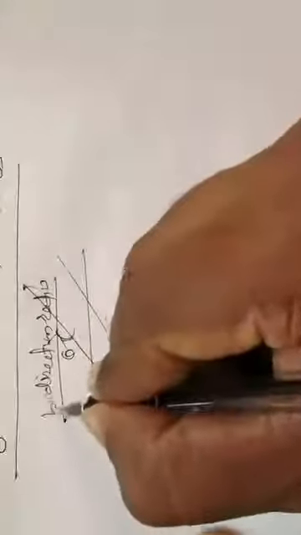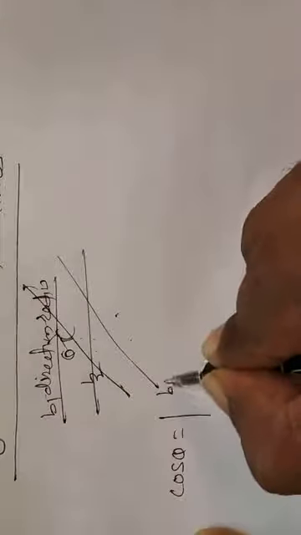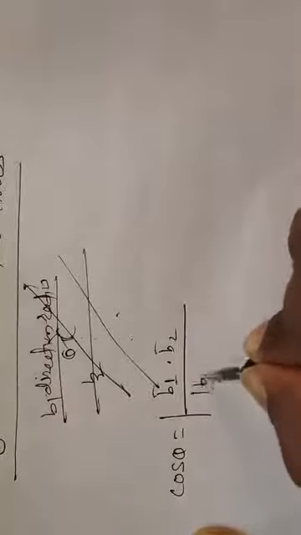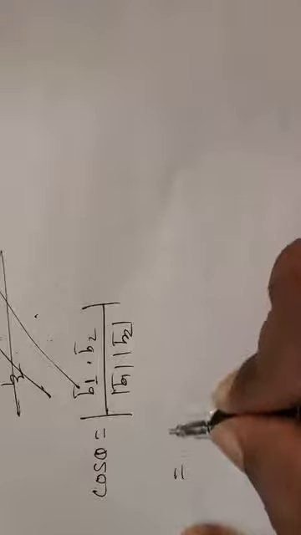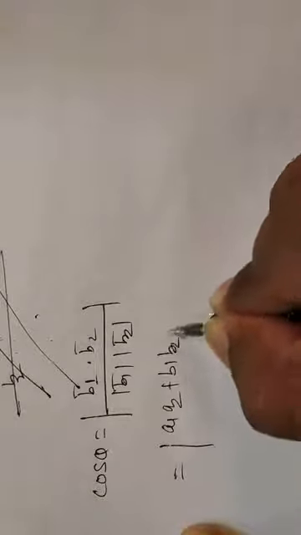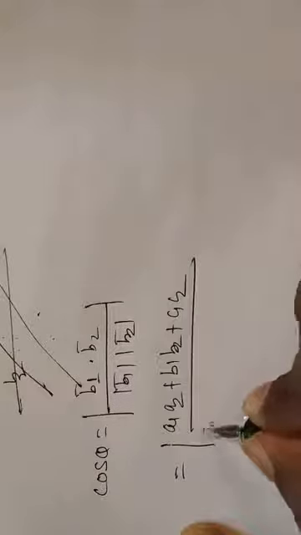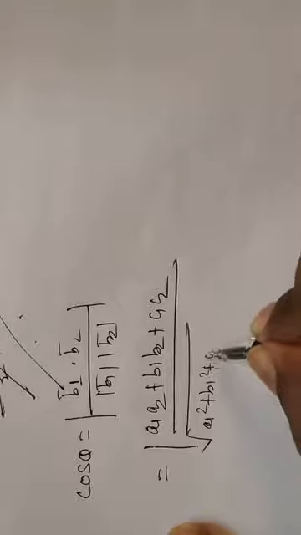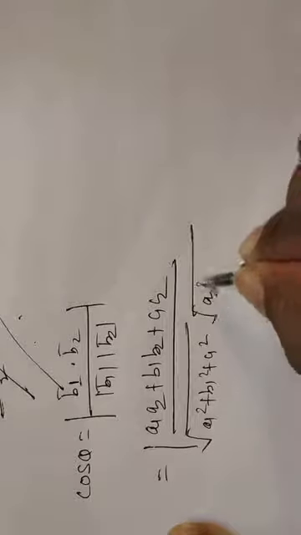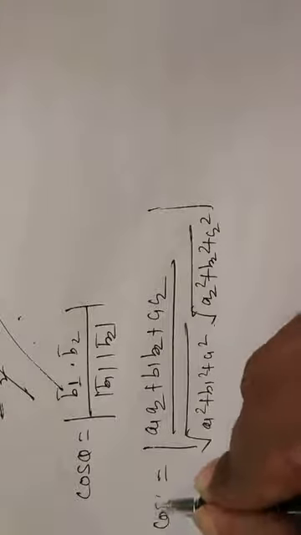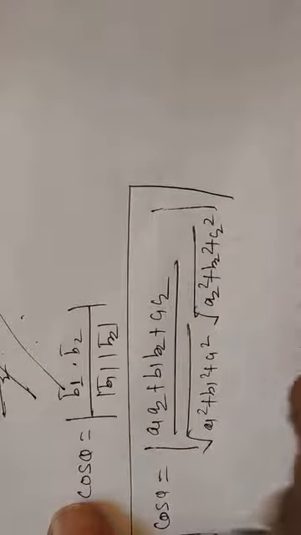Suppose this is b1 and this is b2, then cos theta equals b1 dot b2 upon magnitude of b1 times magnitude of b2. It can be written simply as (a1 a2 + b1 b2 + c1 c2) upon under root of (a1 square + b1 square + c1 square) times (a2 square + b2 square + c2 square). This is the same formula as the dot product.